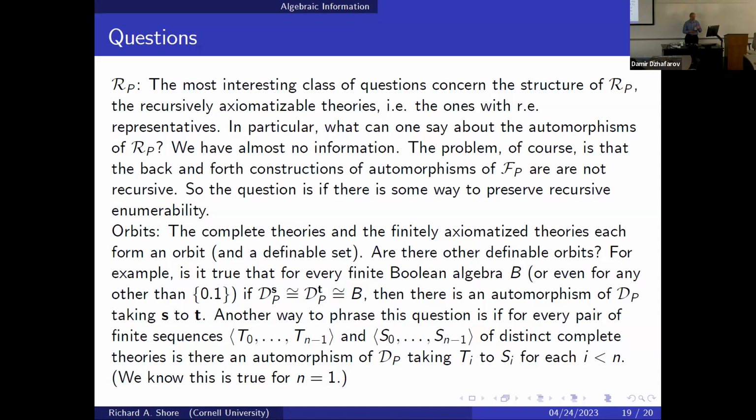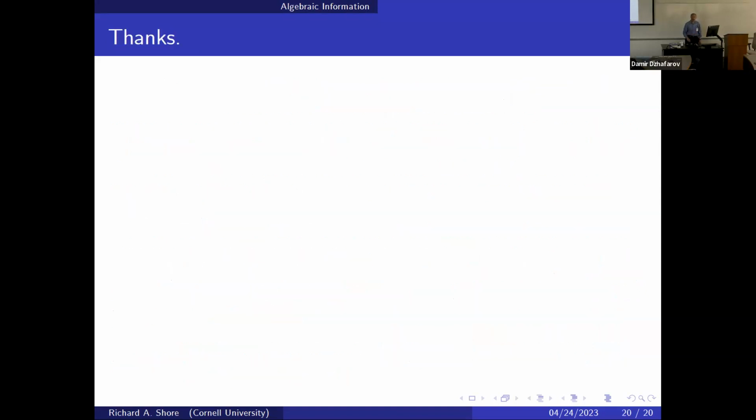I think that's true, but I haven't checked it since I can't use it. But that makes it look like, I don't know what this is called, the automorphism thing is n-transitive. There's some word for being able to move simultaneous sequences of things instead of just one element. So that would be another way of phrasing the question, I think. Okay. So I'm out of time and slides.